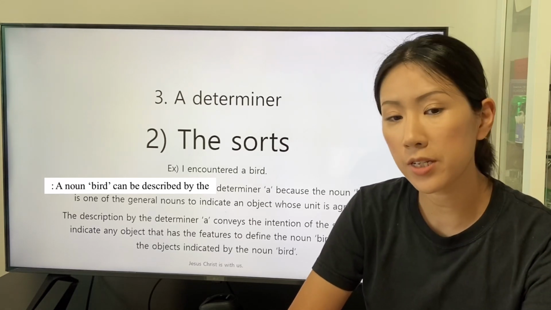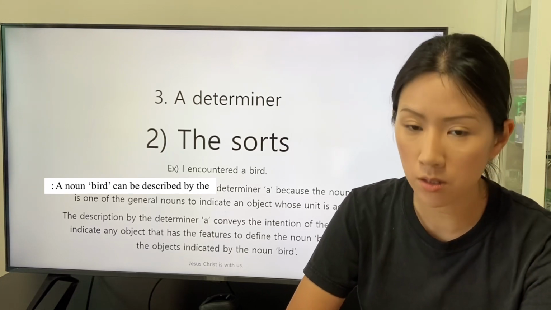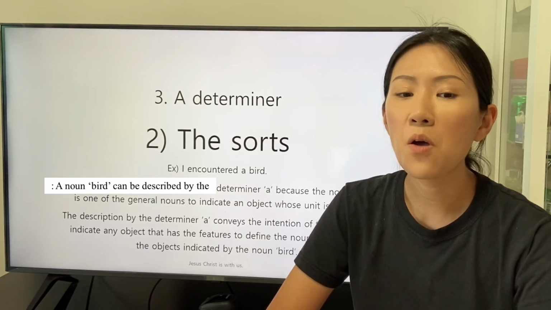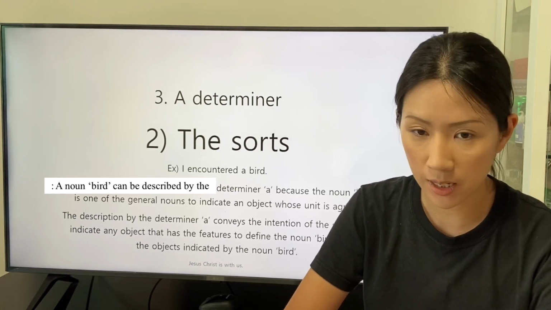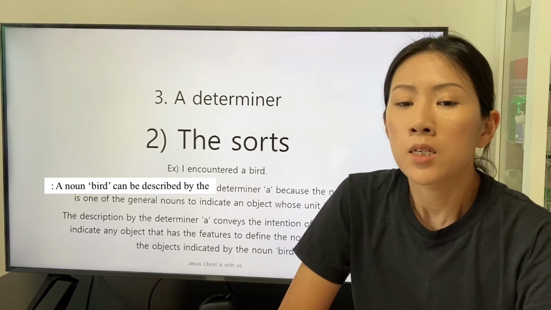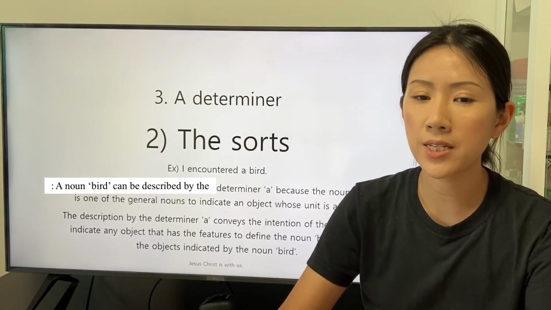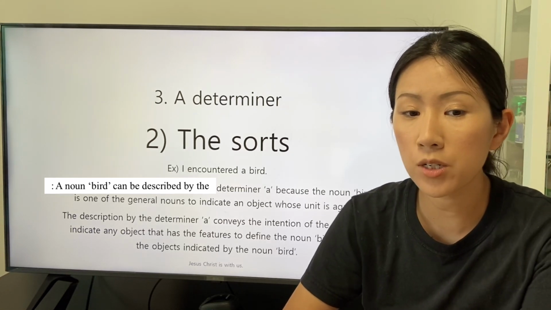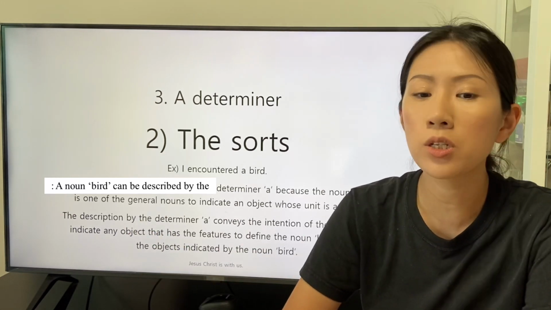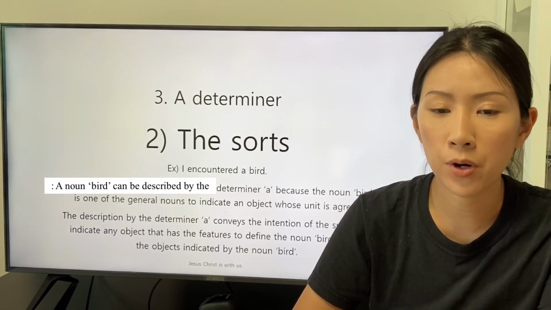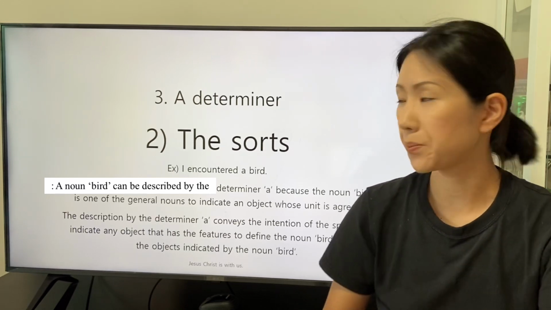A noun bird can be described by the determiner a because the noun bird is one of the general nouns to indicate an object whose unit is agreed. The description by the determiner a conveys the intention of the speaker to indicate any object that has the features to define the noun bird among the objects indicated by the noun bird.